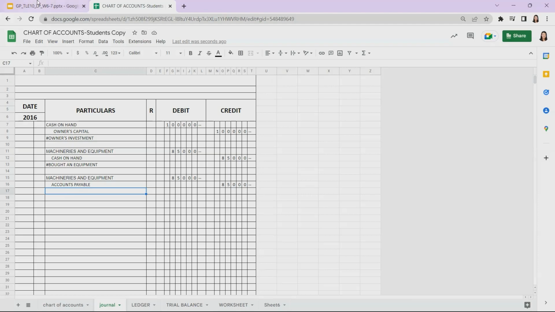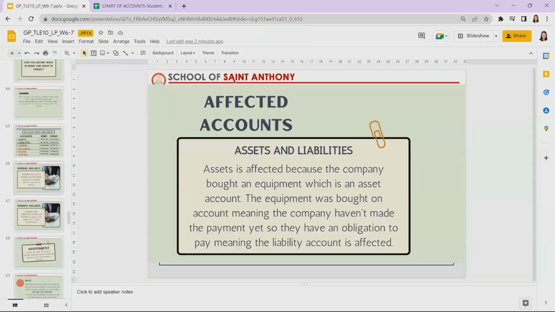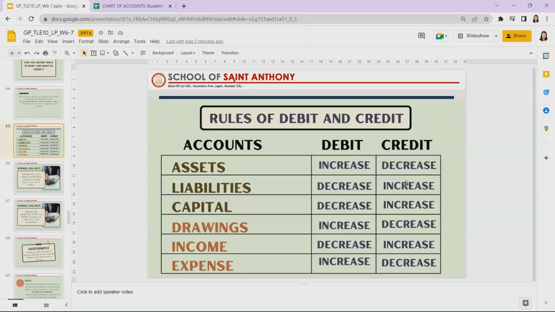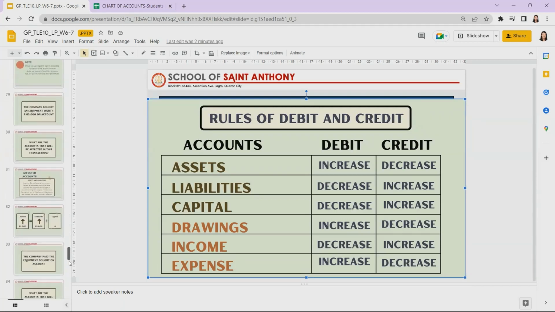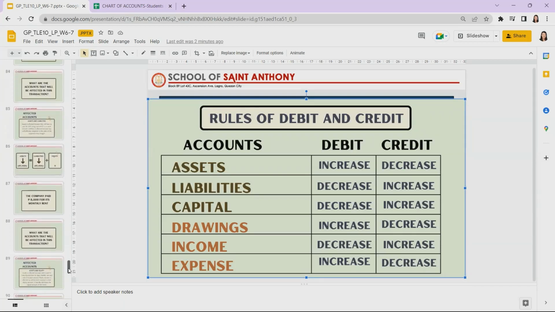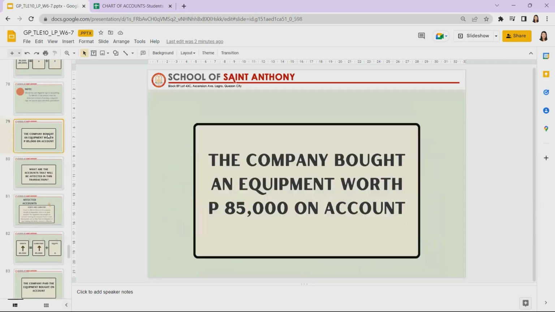Anong sabi sa rules ng debit and credit? Whenever your liability increases, you have to put it on the credit side. That is why we put the accounts payable account on the credit side because it is a liability account. And the moment that you bought that equipment on account, nag-increase ang iyong liability.